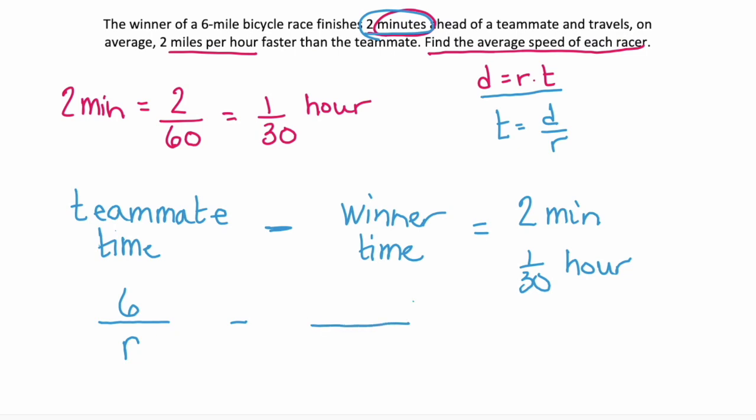The winner also travels 6 miles, but remember they're going 2 miles per hour faster than the teammate. So their rate is going to be the teammate's rate plus 2 miles per hour faster. And this has to equal the 1/30 of an hour.